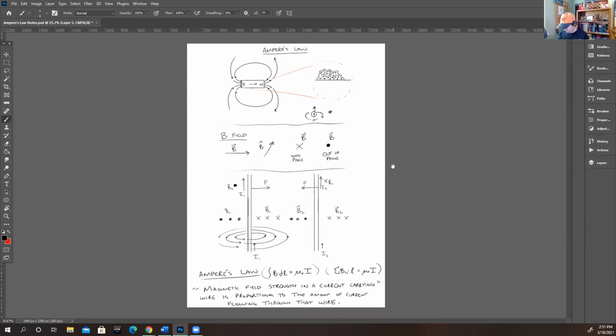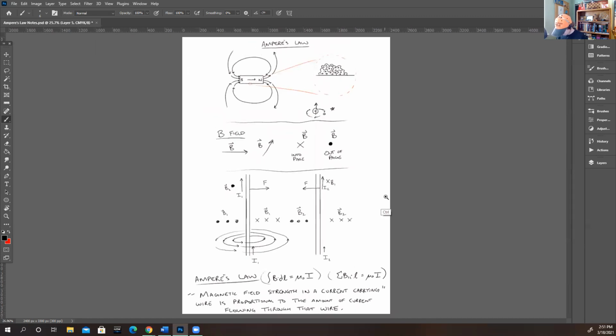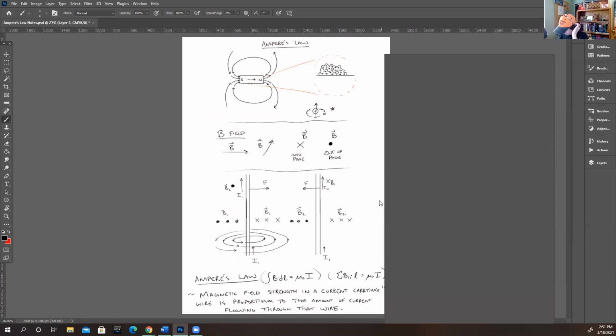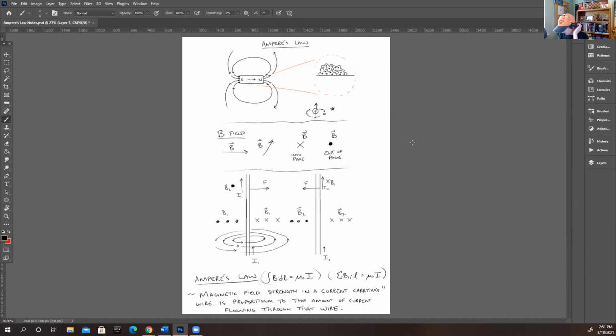Okay, so let me zoom out like that. Any questions on the notes or the lab? I'm only looking for any set of pictures that you're going to draw today. I just want to see that they're labeled correctly, like you label which side's north, label where the wire is, label the current direction.